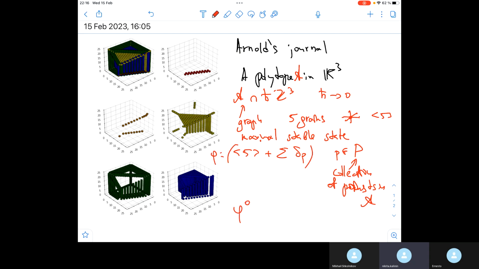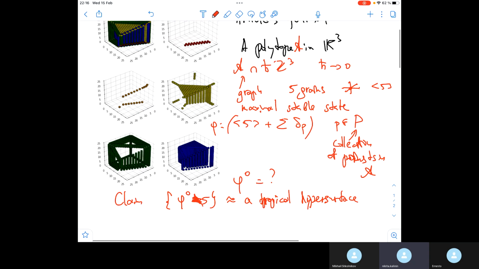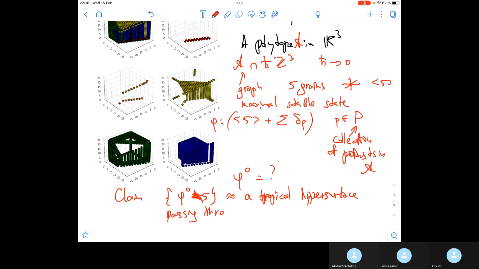And so that's my state phi. And the question is, what is the relaxation of phi? And the goal is to establish a similar statement that the relaxation of phi is something like a tropical hypersurface. So the claim is that the set of vertices where this is not 5 is approximately a tropical hypersurface passing through the set P of points.